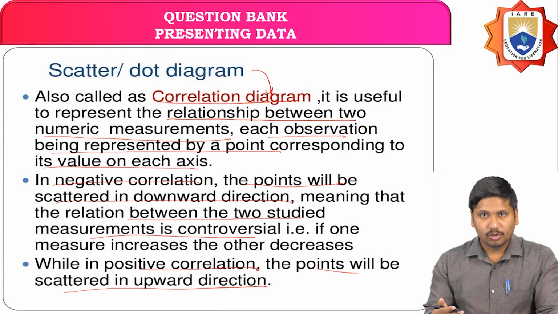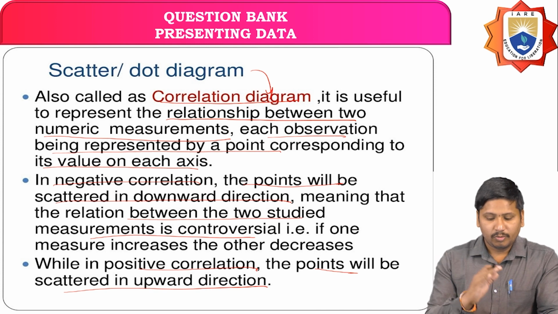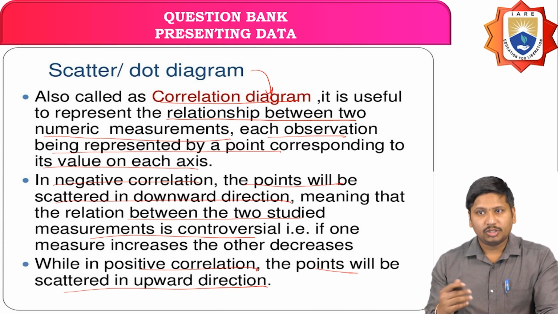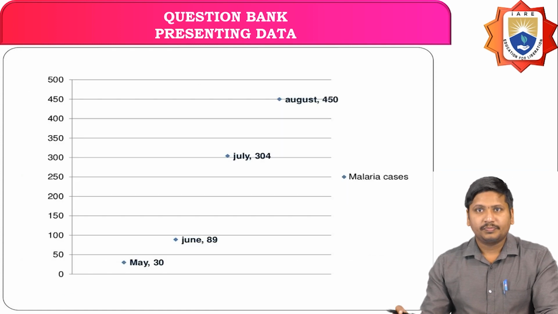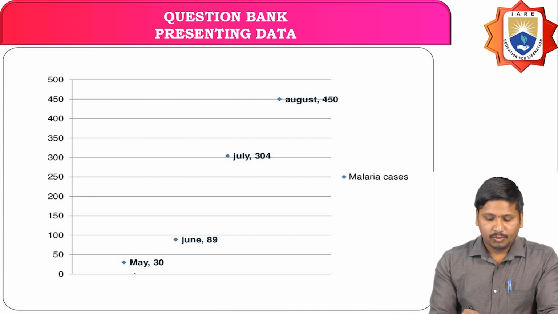That means in negative correlation, when one variable increases, the other variable decreases. In positive correlation, it is the opposite. So see the points, this is the case.